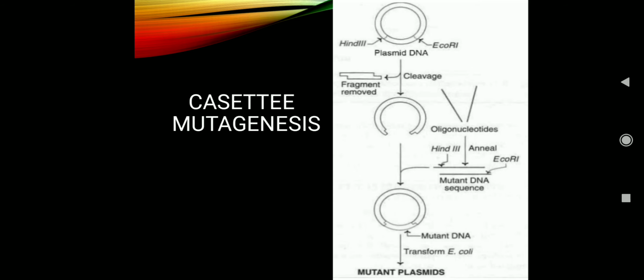We are going to cut at the restriction sites and remove the gene of interest, and we are going to replace the gene of interest with the double-stranded oligonucleotide that we have synthesized, which has a mutation. So we are going to place the mutated oligonucleotide DNA in the region of our gene of interest where it was present.